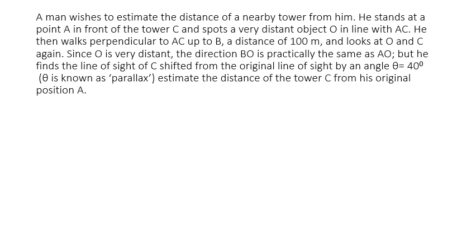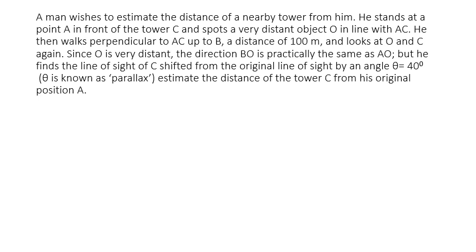Okay. So, listen carefully. He stands at a point A in front of a tower C and spots a very distant object O in line with AC. He then walks perpendicular to AC up to B, a distance of 100 meters, and looks at O and C again.